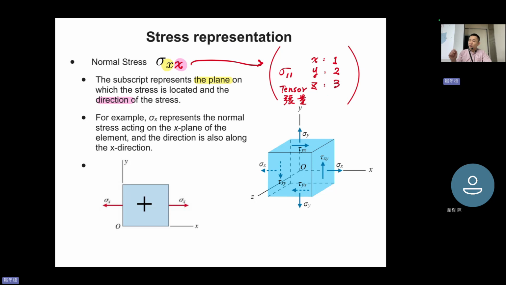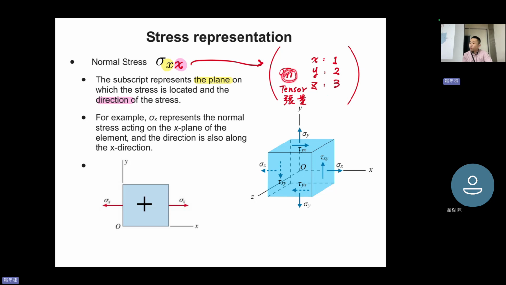You can imagine that if you learn introduction to computer science, 技概, you know that for a matrix you can use the index to go through the matrix. The matrix has 1,1, 1,2, 1,3, 2,1, 2,2, 2,3, right?